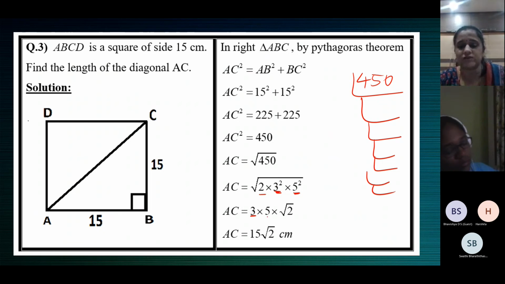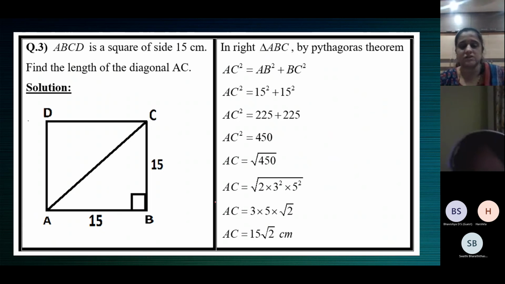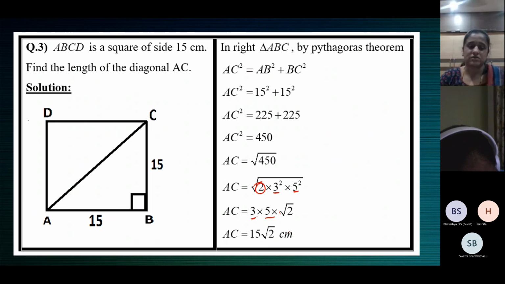From 2 5s, 1 5 comes out. This 2 remains under the square root. That is why root 2. So 3 fives are 15. The length of the diagonal AC is equal to 15 root 2 centimeters.